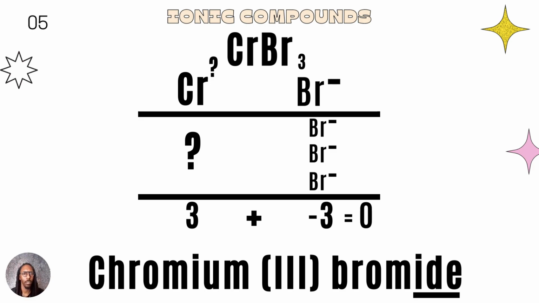So bromine, we understand that bromine is my anion. I also understand in this case, CrBr3 means that I have 3 bromines, and I have 1 chromium in this case. So because I have 3 bromines, if we look over here, I have 3 bromines going around.